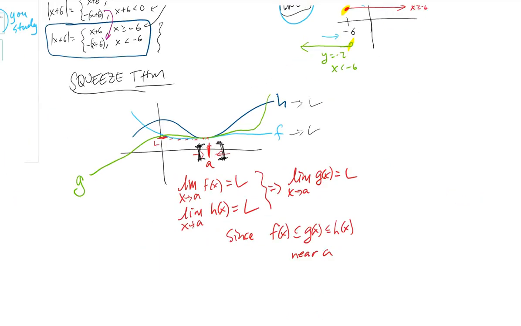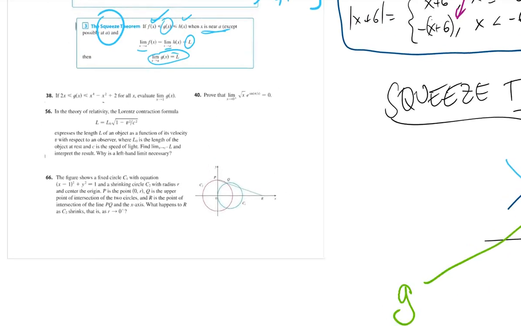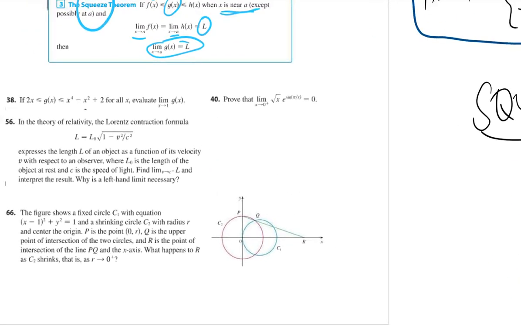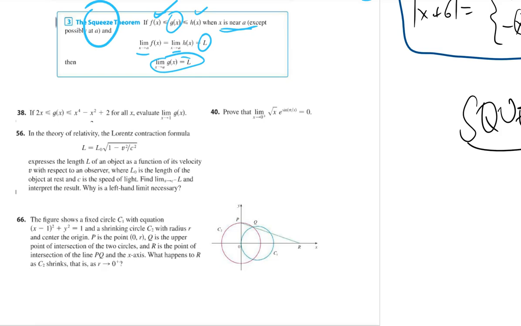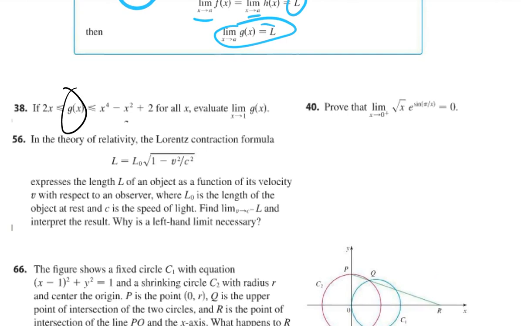Now, you might wonder where you would ever use this. Well, if you don't know what the function is, but you know that the outside functions are going to the same number, then you know that the inside function is as well.